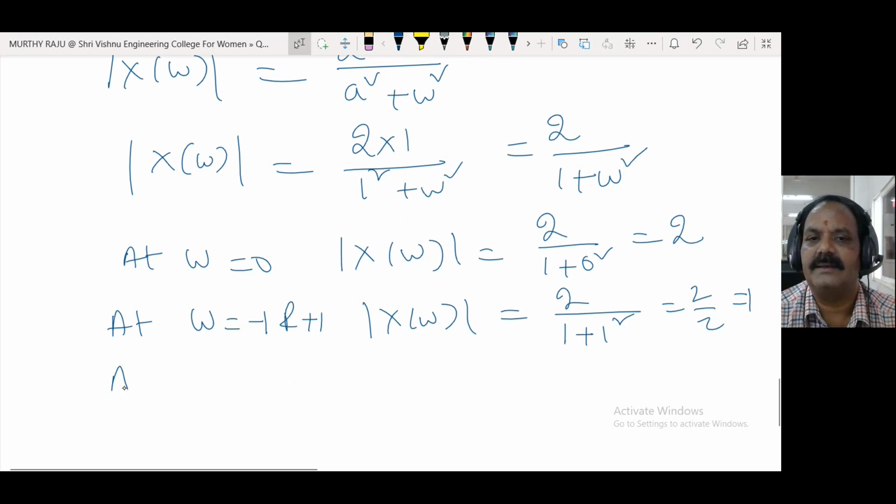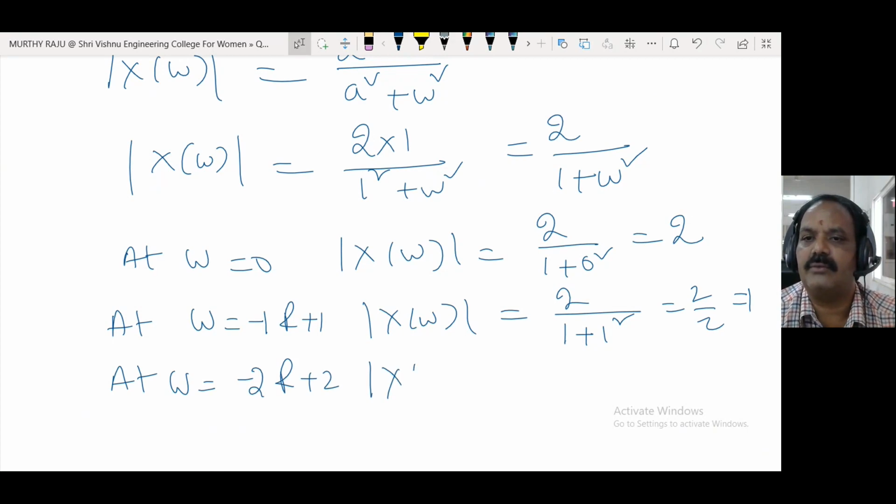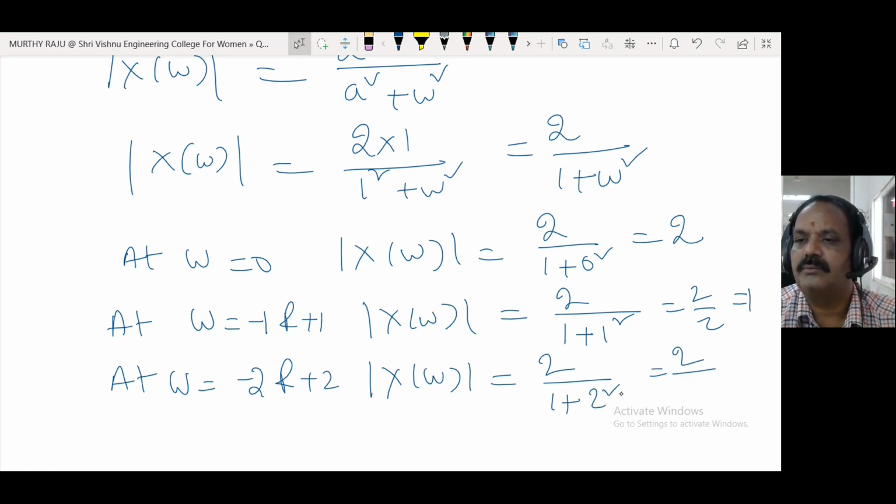If omega is equal to minus 2 and plus 2, mod X of omega is equal to 2 by 1 plus 2 square, 2 by 5, that is 0.4.